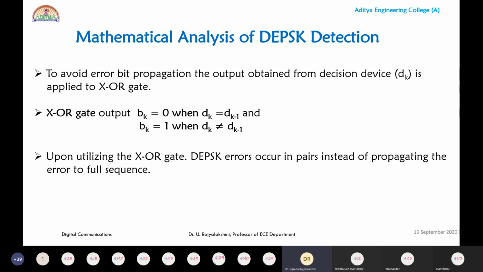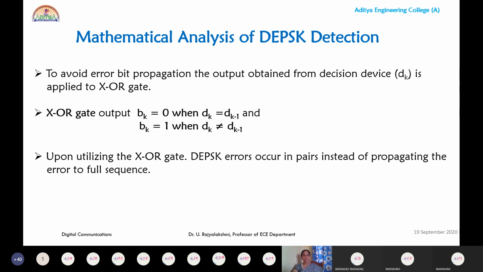Here bk is equal to 0 when dk is equal to dk minus 1, and bk is 1 when dk is not equal to dk minus 1, that is the 0,1 case or the 1,0 case. The XOR gate output is 0 when both inputs are the same, that is 0,0 or 1,1.